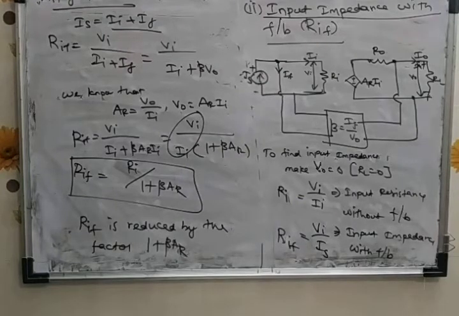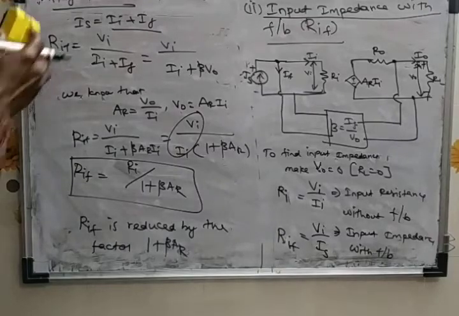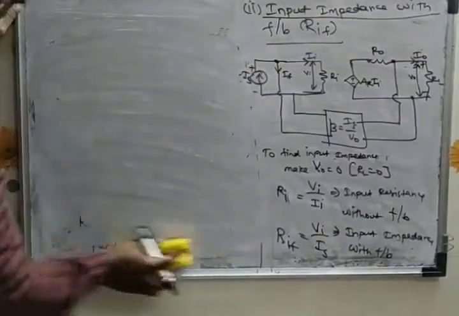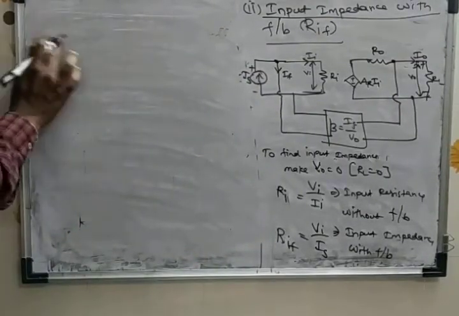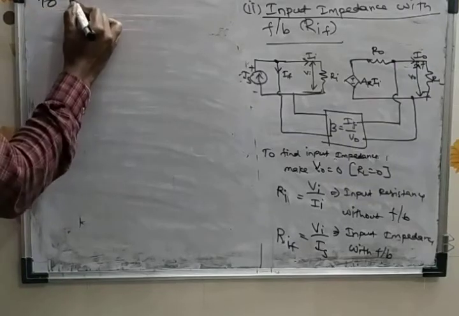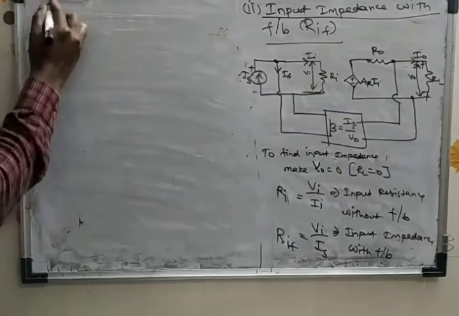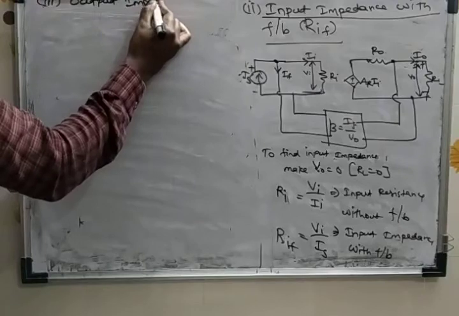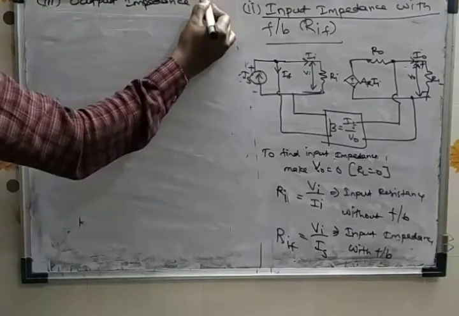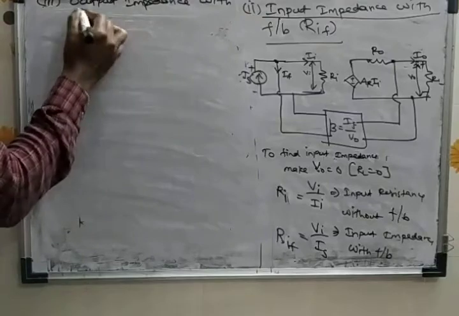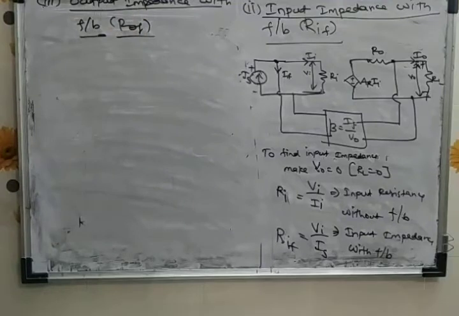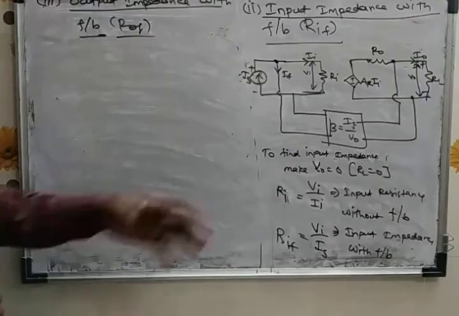Output impedance with feedback is R naught F. To find output impedance, we have to make the input source 0.